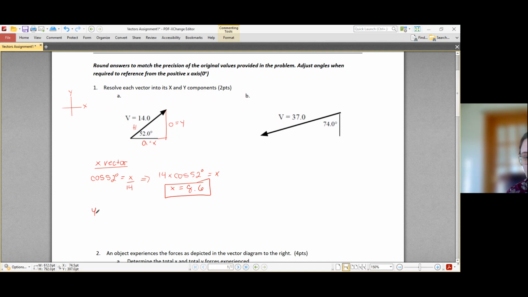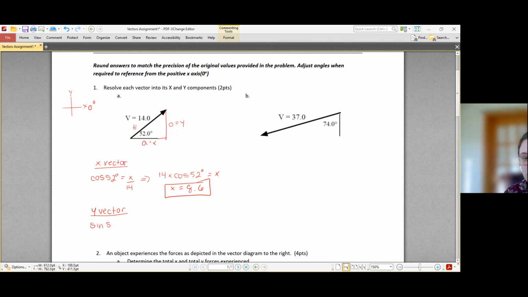Now we just need to figure out the y. If you want to simplify things, whether you use sine or cosine for x, you're going to use the opposite for y. It just depends on how your triangle is drawn, so just watch for that. If you've referenced your angle from 0 degrees, 0 degrees is here in our positive x-axis. So this one is referenced from 0. Your x vector will always be cosine, and your y vector will always be sine.